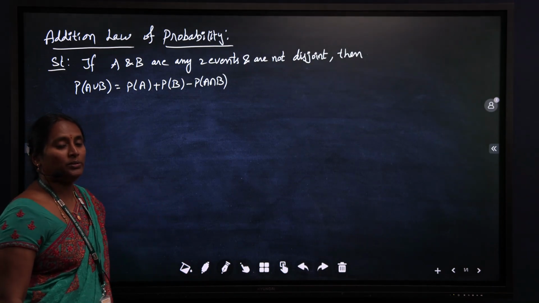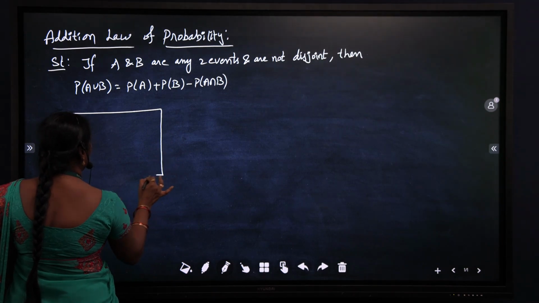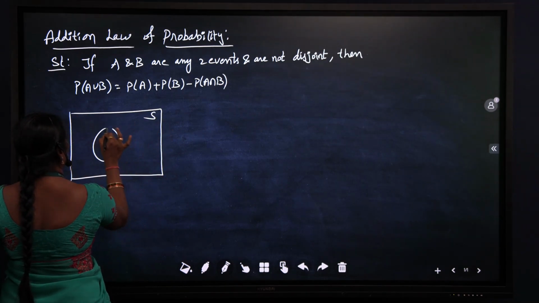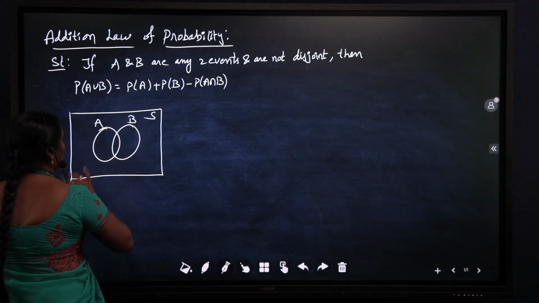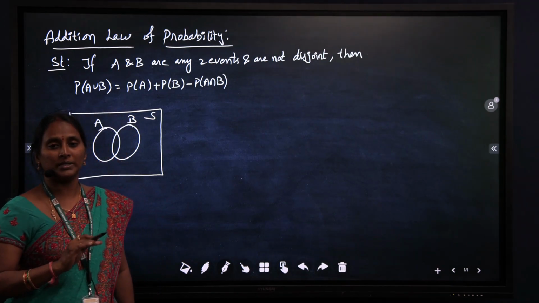In order to prove this statement, let us take the Venn diagram. We have the sample space S and the two events A and B. In the earlier videos we discussed the sample space, which means the set of all possible outcomes.